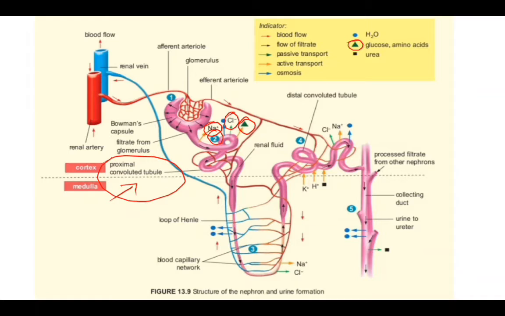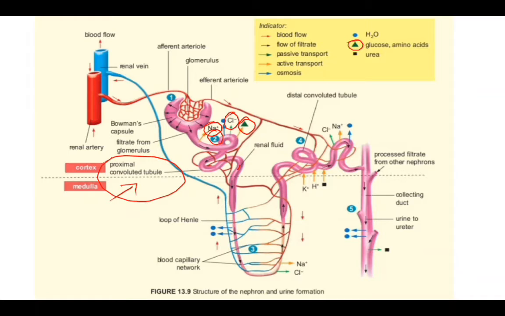So di sini reabsorption berlaku daripada proximal convoluted tubule, dia balik diserap semula masuk ke dalam kapilari darah. So the movement of dissolved substances into the blood capillary network reduces the concentration of dissolved substances in the glomerular filtrate. But this will increase the concentration of dissolved substances in the blood capillaries.